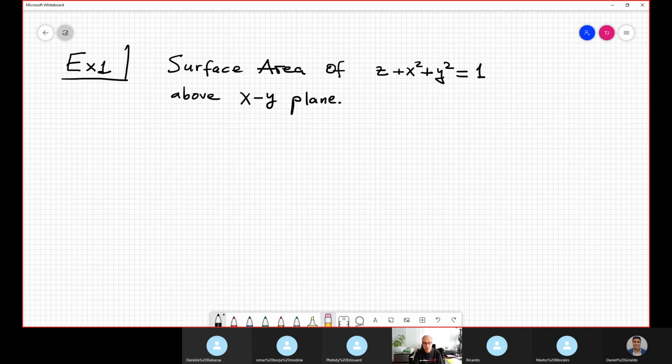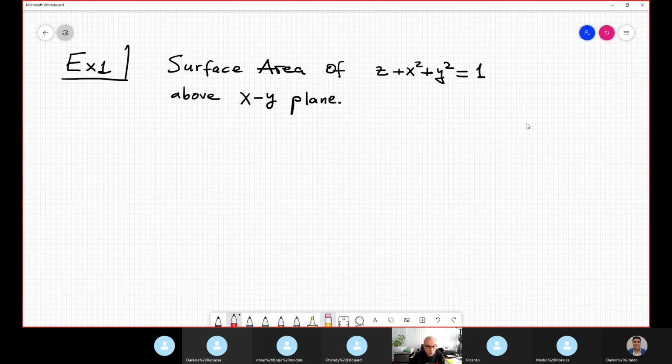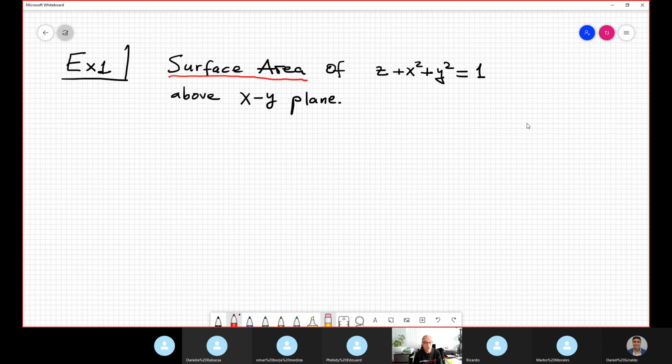Okay, now ready. I bring today 2 problems of the surface area. Compute the surface area of one specific surface that is given. This problem I want to do in different ways: implicit formulas, explicit formulas, and parametric.